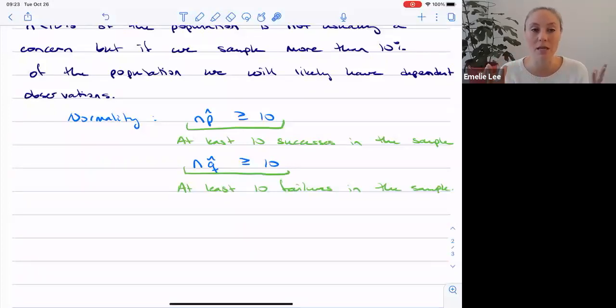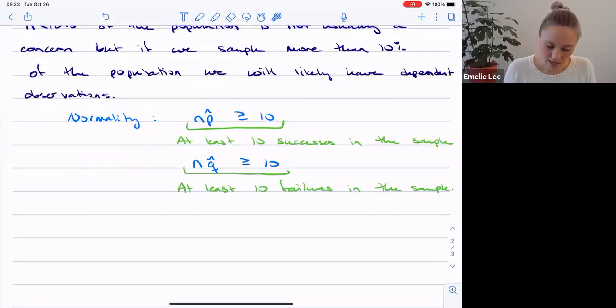So that means our minimum sample size, our smallest possible sample size is 20, right? But if you have collected a sample of size 20 and you only have 10 failures in there, then you need to collect a larger sample, right?